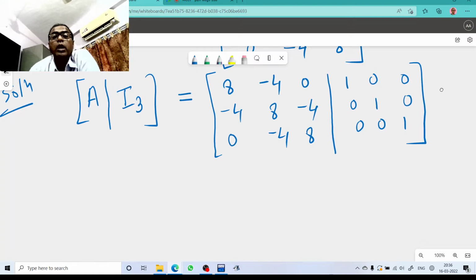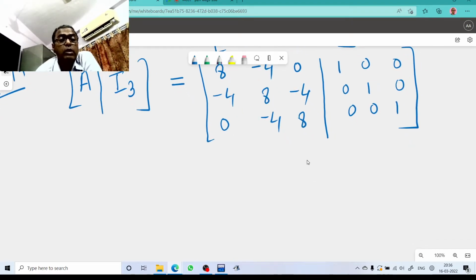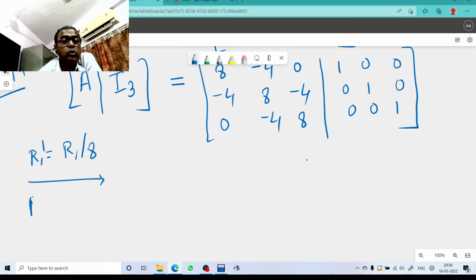Actually I want to reduce this matrix A into row reduced equivalent form. So by elementary row operations, R1 dash equals R1 by 8 and R2 dash equals R2 plus 4 by 8, actually 1 by 2, into R1.